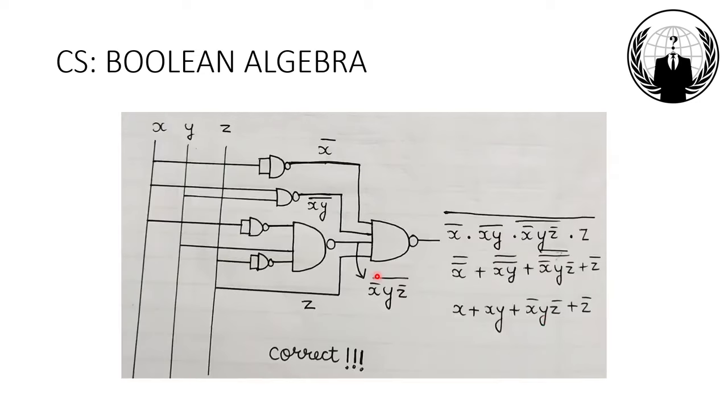Let me show you the correct way. So here is the correct circuit diagram. In this case, in the question, no complement was given over x, but we have taken the complement over x, and by finally applying De Morgan's law, we get the desired result as x, and here in this case z'.